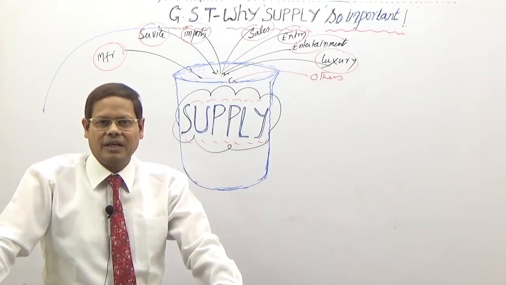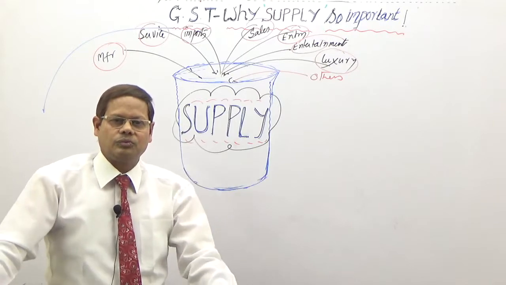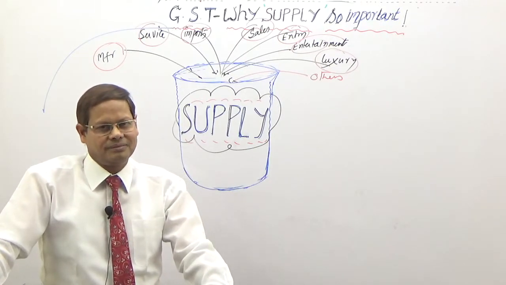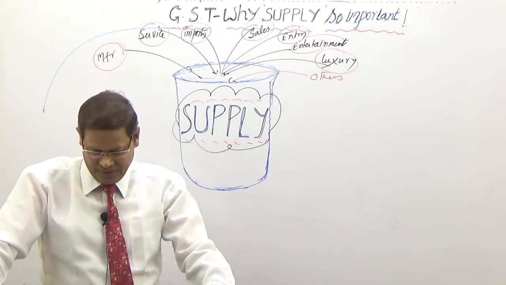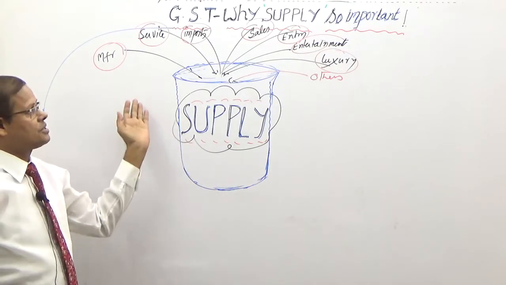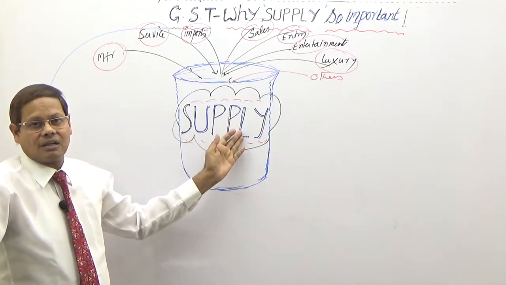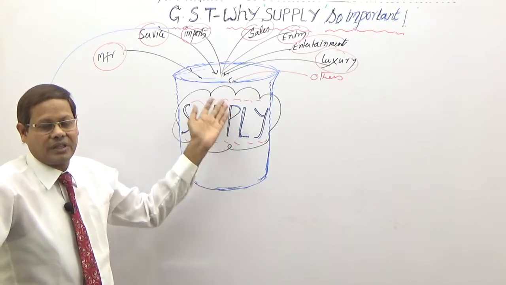So that is the reason why, because everything is supply, all under one roof. So that is one thing. Plethora of taxable events and subsuming of all these things under one concept, taxable event, that is supply.